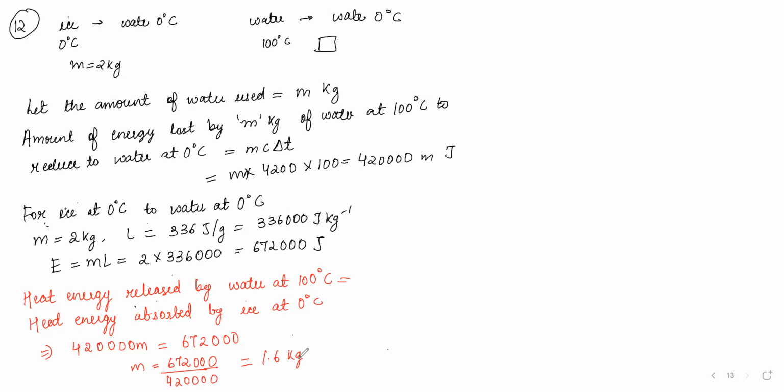Now moving on to question number 13. So question number 13 is what? Calculate the total amount of heat energy required to convert 100 gram of ice at minus 10 degrees Celsius completely to water at 100 degrees Celsius. Okay, so this is again going to be an easy one, children.